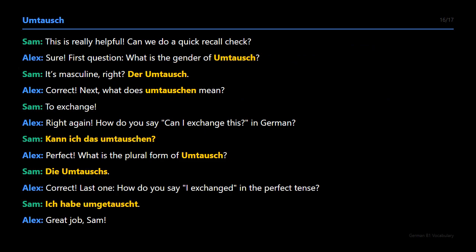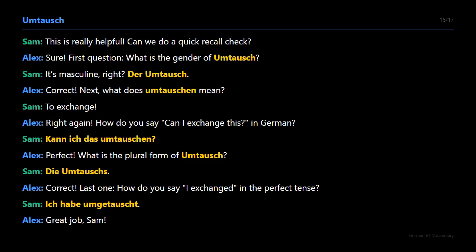Right again. How do you say, can I exchange this, in German? Kann ich das umtauschen? Perfect. What is the plural form of Umtausch? Die Umtauschs. Correct. Last one, how do you say I exchanged in the perfect tense? Ich habe umgetauscht.